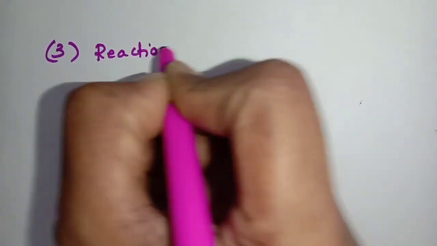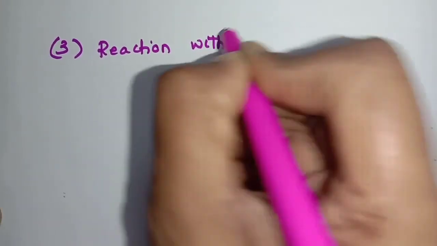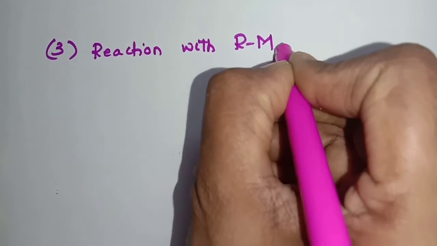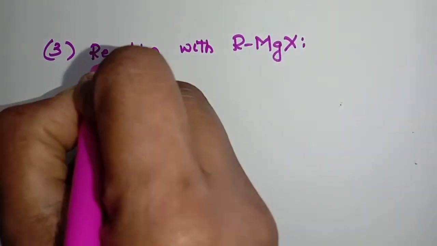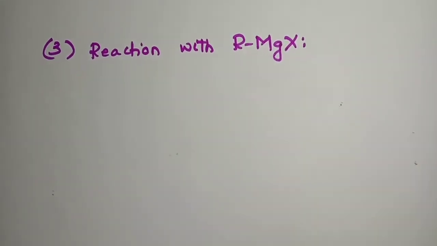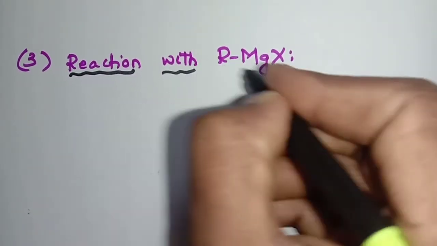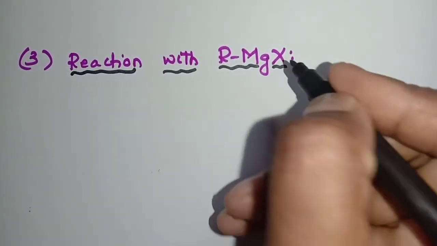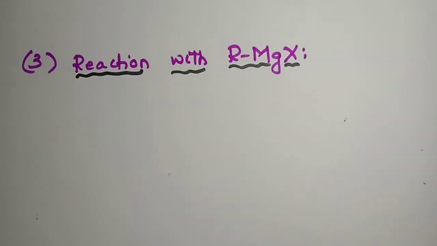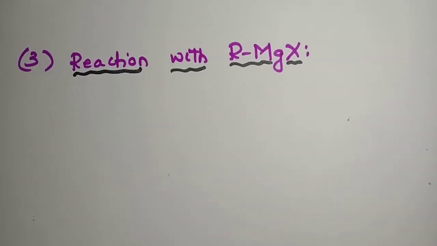Next, third one, reaction with RMgX. What is RMgX? RMgX is nothing but Grignard reagent. Do you remember? RMgX, alkyl magnesium halide, is the Grignard reagent.